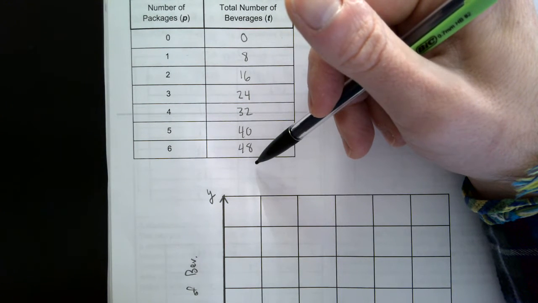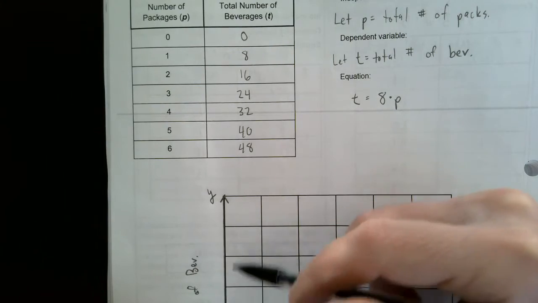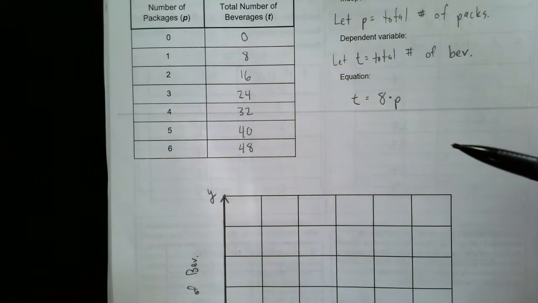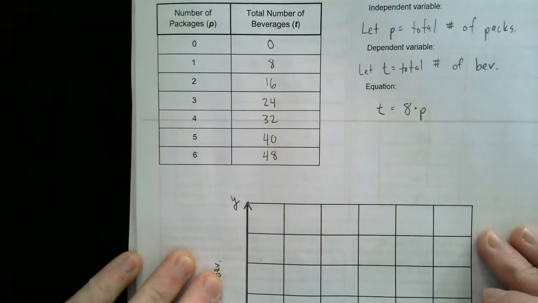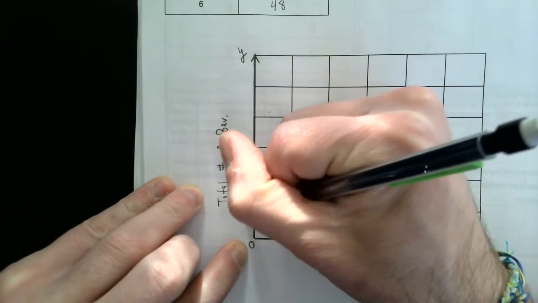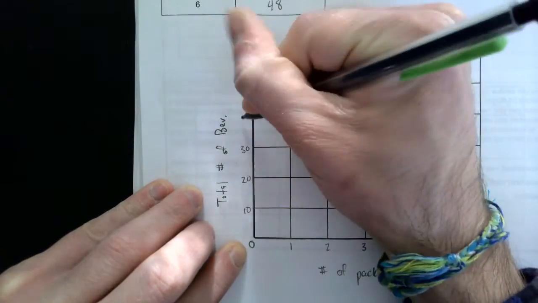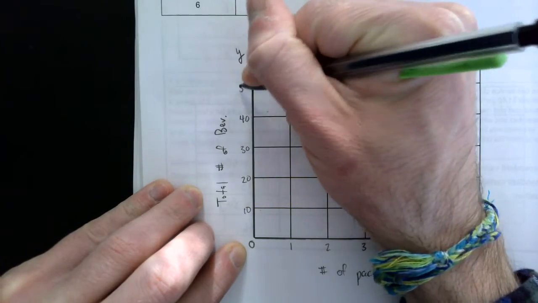But you know what? Let's go up by 10, 20, 30, 40, 50. Let's go up by 10s. Because we don't have to go up by 8s. We could. I'm thinking, well, let's go by 10s. So 0, 10, 20, 30, 40, 50.